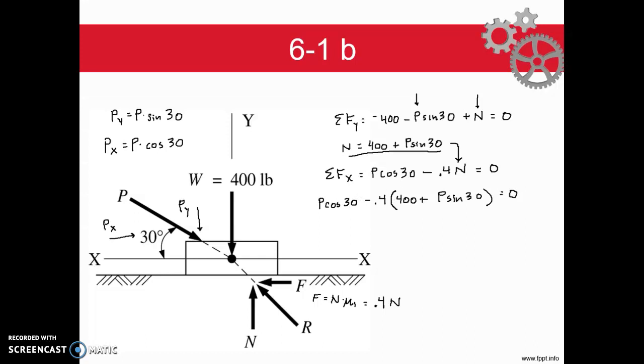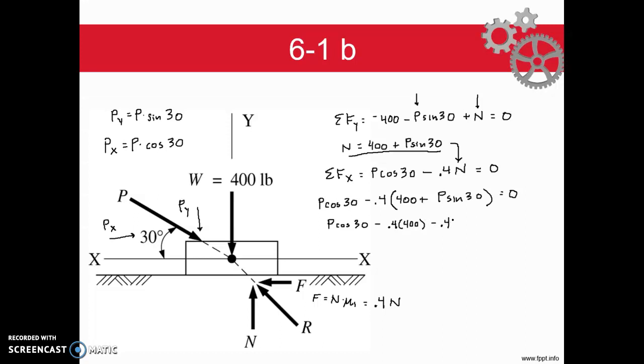Okay, so I can start by distributing the negative 0.4. So P cosine of 30 minus 0.4 times 400. And then be sure to distribute both the 0.4 and the negative, so this is still a negative term.